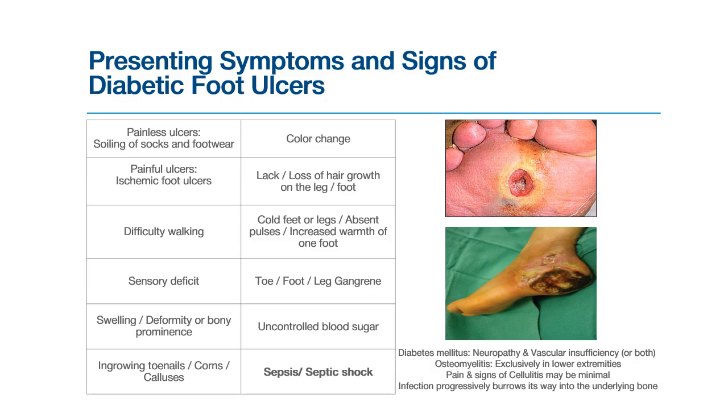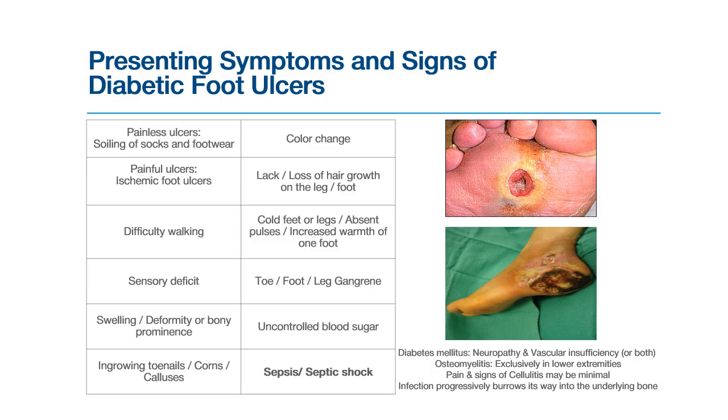Presenting symptoms and signs of diabetic foot ulcers depend on the extent of neuropathy and vascular insufficiency. Pain and signs of cellulitis may be absent or minimal, and there are different types of presentation that are listed on this slide.